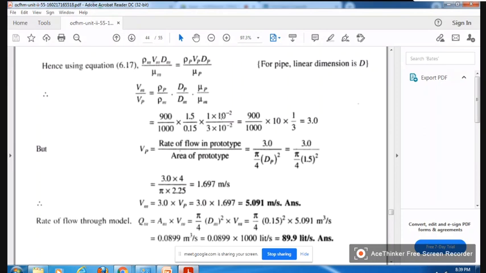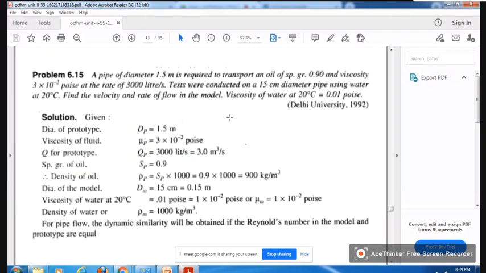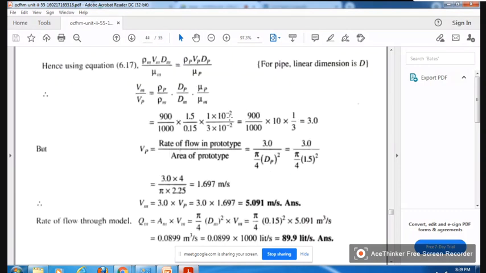And what is the viscosity of the prototype? 3 into 10 to the power of minus 2. Okay, so this is wrong, this is mu M by mu P. Here the denominator goes to the other side and becomes the numerator. So mu model, viscosity of the model, divided by viscosity of the prototype.